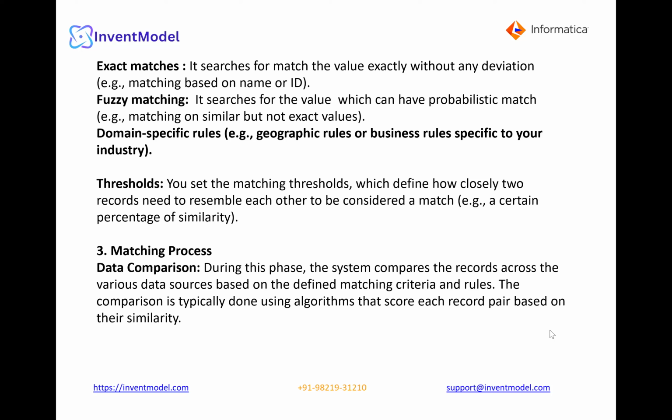Those matching criteria and rules can be either fuzzy or exact match. This comparison is typically done using some algorithm, score, or percentage, and using that criteria we try to match the data. Move on to the next.